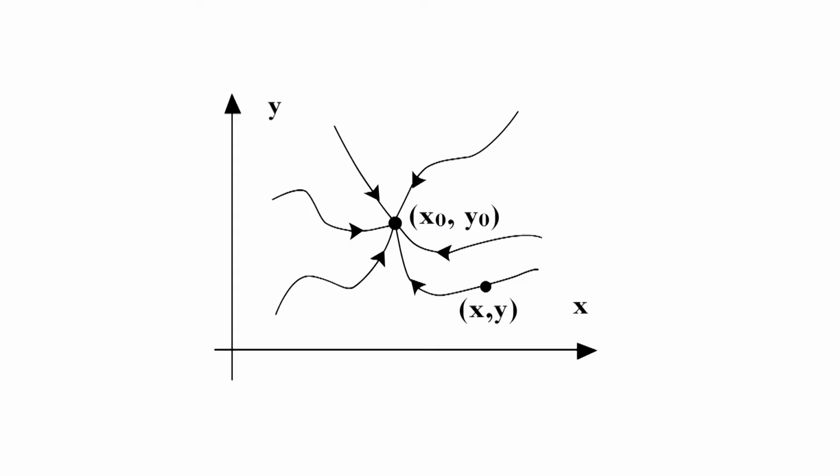So, if we take a point (x naught, y naught) in the domain of f, we note that there are infinitely many different curves along which one can approach the point (x naught, y naught). We first discuss the limit of f of x y as (x, y) approaches a point (x naught, y naught) along a given curve c.